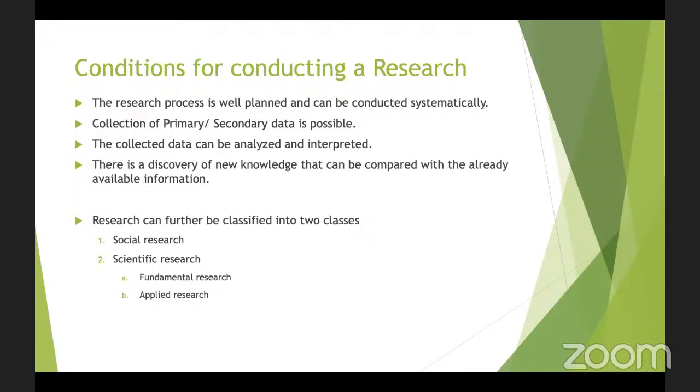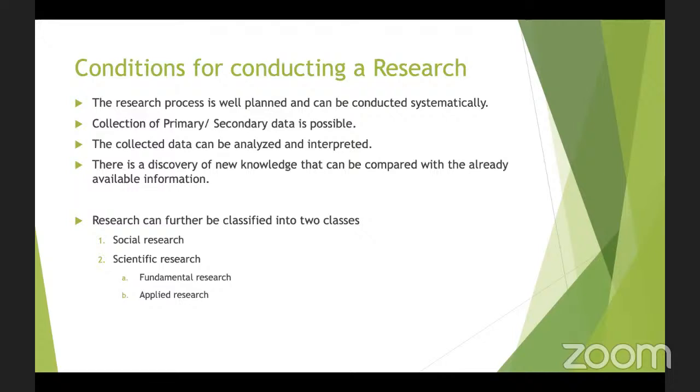Now, let's understand this with an example. Suppose you want to find out what are the possible treatments that can be applied to COVID-19 patients. Now, first, what will you check? First, we'll check if the research process can be done systematically and can be planned nicely. Then, is data collection possible, both primary and secondary?